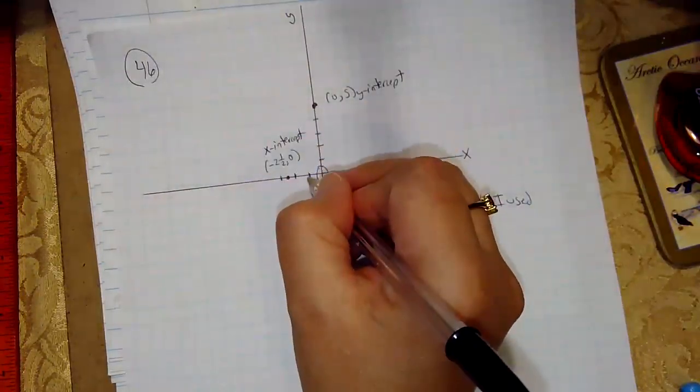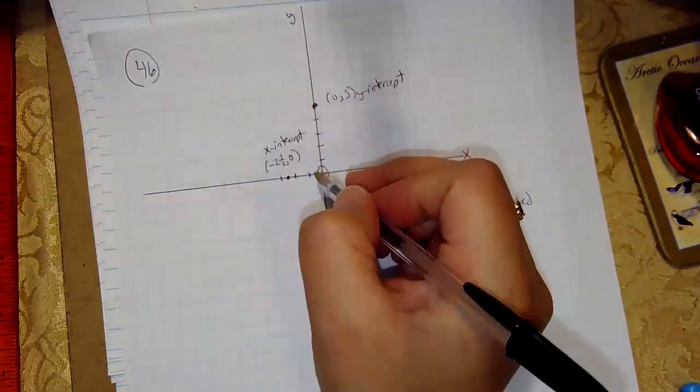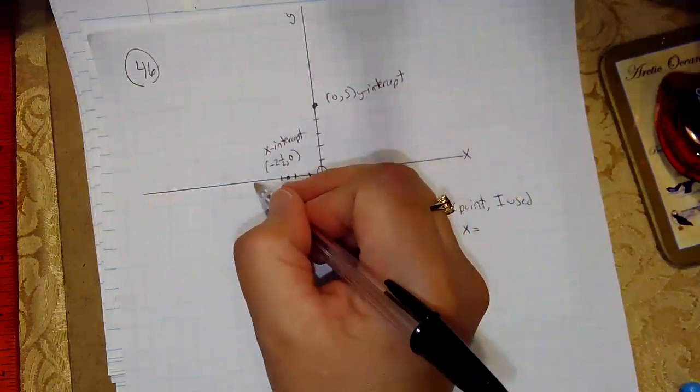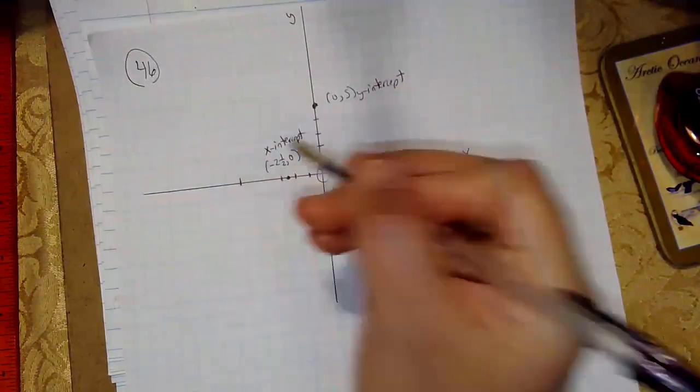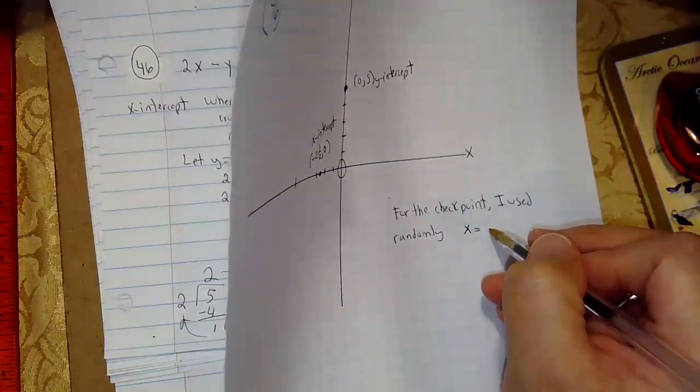So I already have this. So I'm going to do something down here. So let's see. -1, -2, -3, -4, -5, -6. Let's use x equals -6.